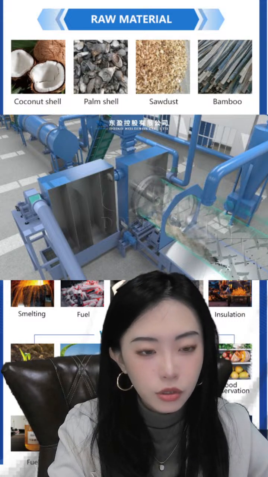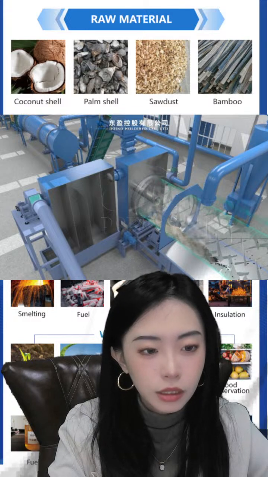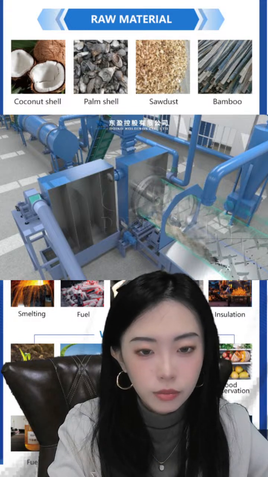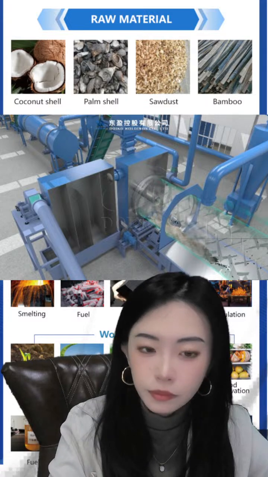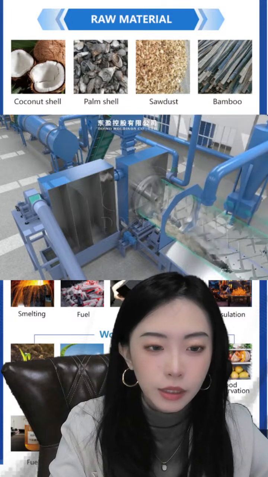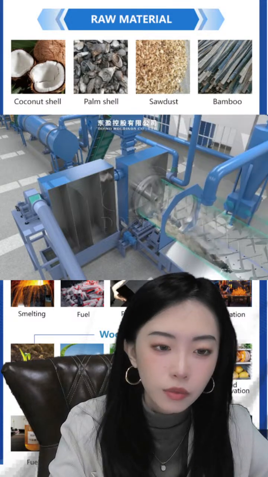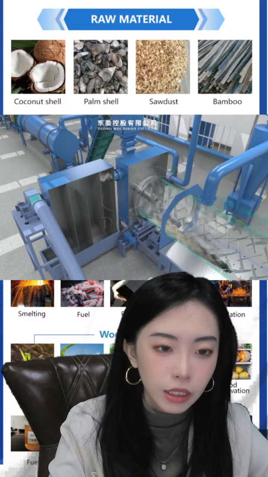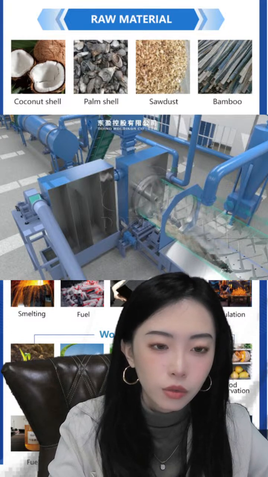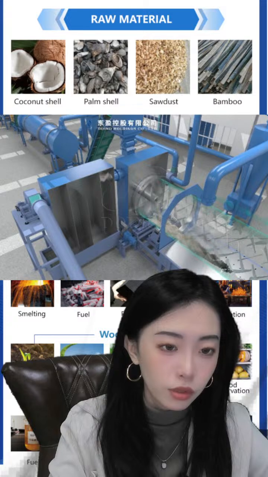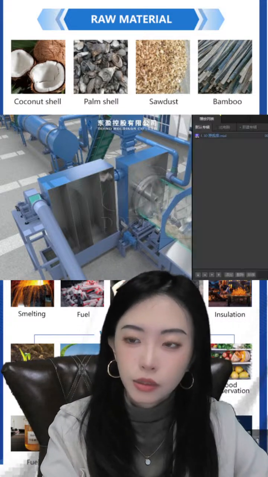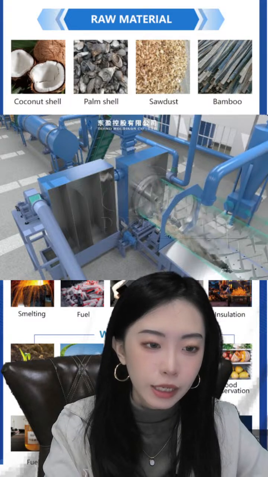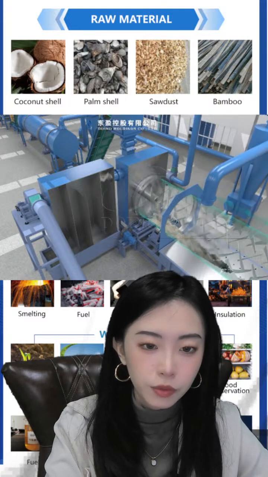The dryer is just to lower the water content from maybe 20 to 45% down to 15%. This carbonisation equipment is also made of boiler plate Q345R, or if your material is corrosive, we need stainless steel. Inside there are also spiral plates to push the materials forward.